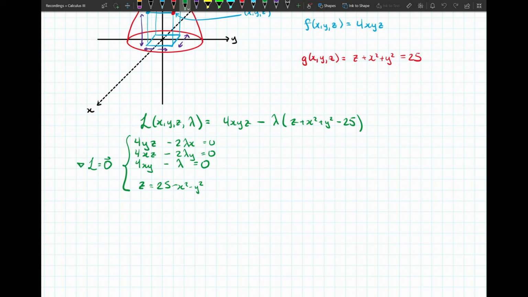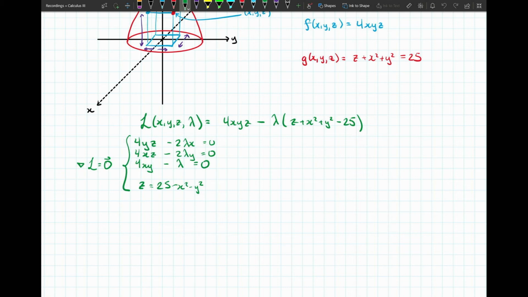You'll notice that those three equations really use pretty much the full palette of all four variables, so it's a little bit difficult to maybe factor and work with different cases for solutions of x, y, or z. Instead, what I would maybe suggest for these first three equations is, since they all involve lambda, why don't we solve all three of them for lambda and set all of those expressions for lambda equal to each other.